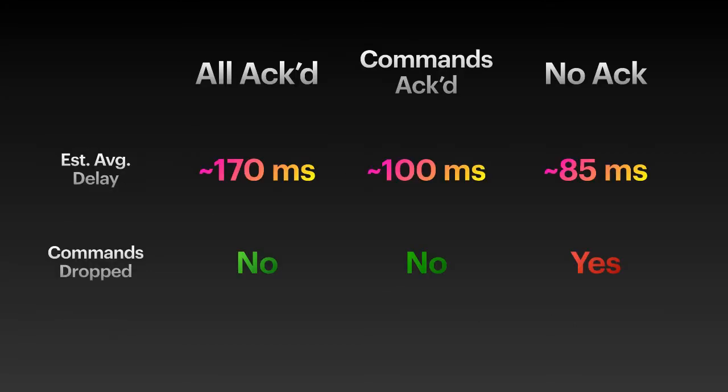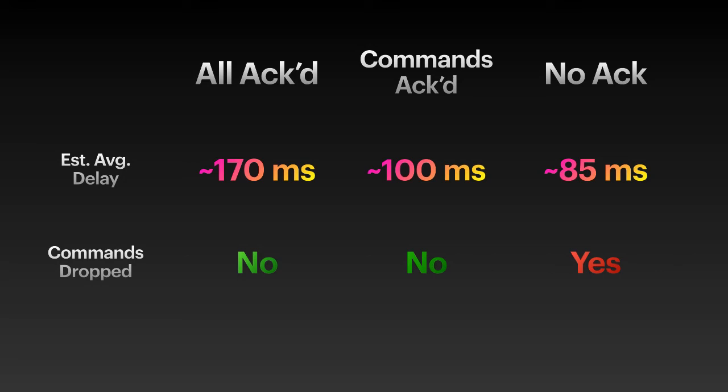So because of that, I essentially had my networking protocol set up to send commands with an acknowledgement in order to ensure reliability while sending positional data without an acknowledgement. And in the testing data that I'm showing here, acknowledging only commands but not acknowledging positional data resulted in a reasonably low overall delay while not having the unacceptable scenario where we're dropping critical commands, such as buttons being pressed.